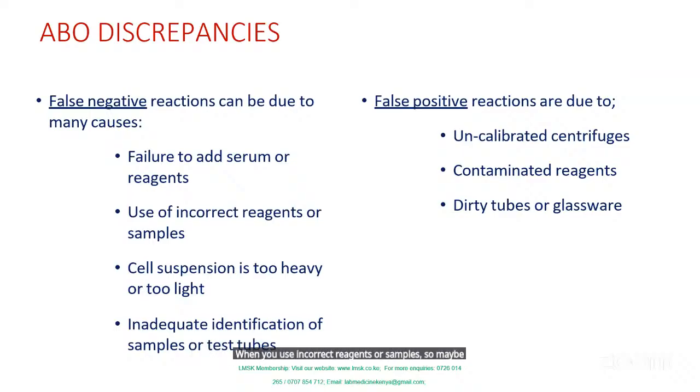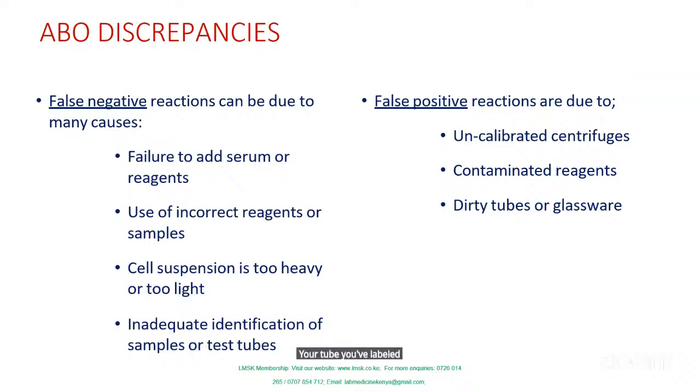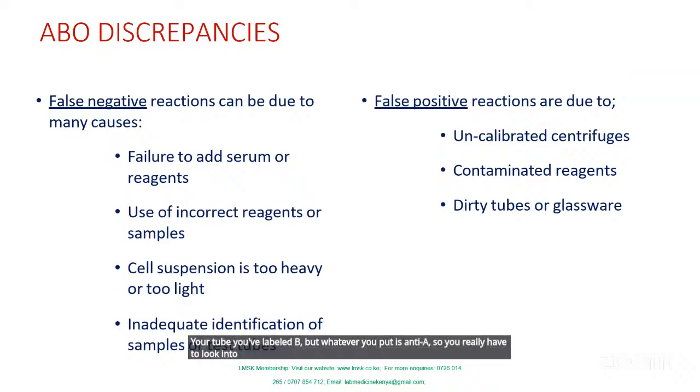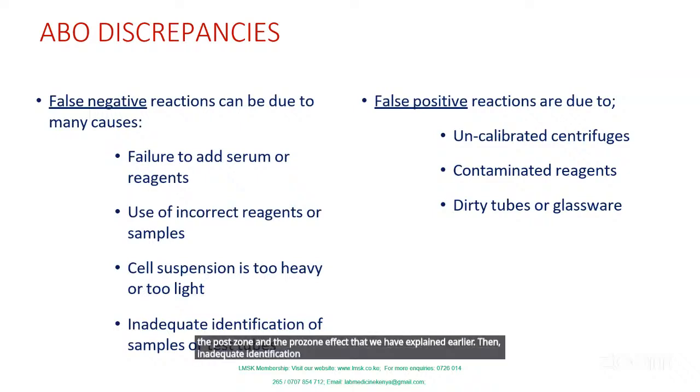So maybe you used anti-B instead of anti-A. Your tube you've labeled B, but whatever you put is anti-A. So you really have to look into that. Then cell suspension is too heavy or too light. That one goes with the postzone and the prozone effect that we have explained earlier. Then inadequate identification of samples or testings. You've not labeled your tubes correctly.